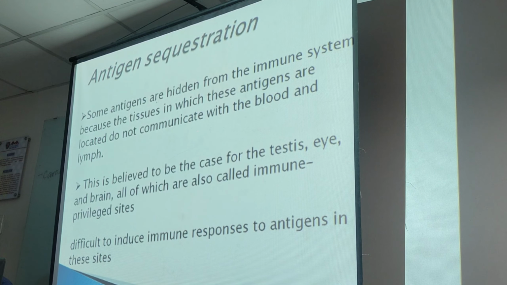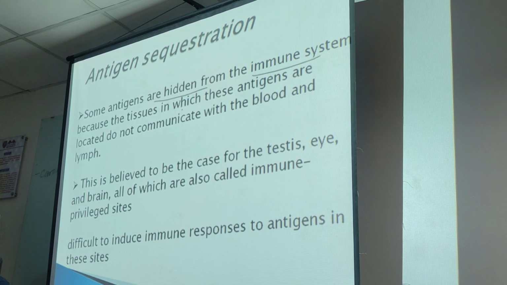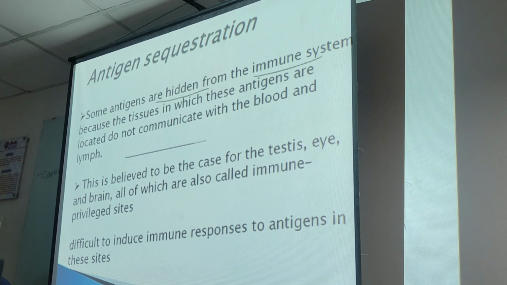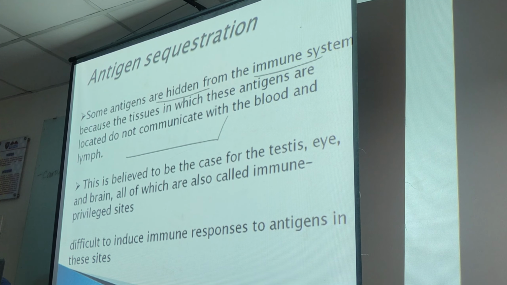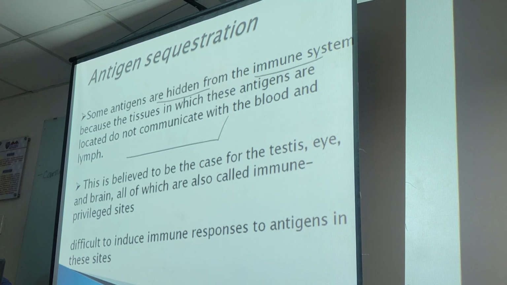Some antigens are hidden from the immune system because the tissues in which these antigens are located do not communicate with blood and lymph. Remember the drawing earlier, you need to have the pathogen be exposed to lymphocytes.